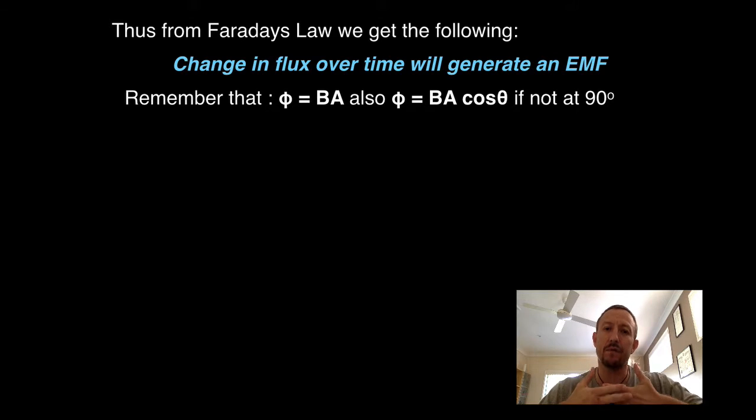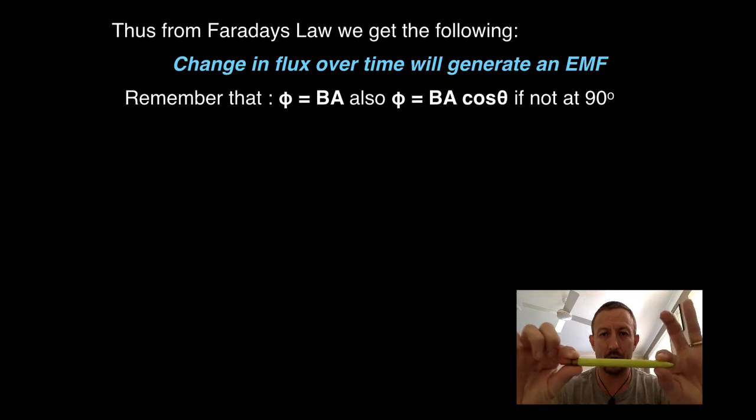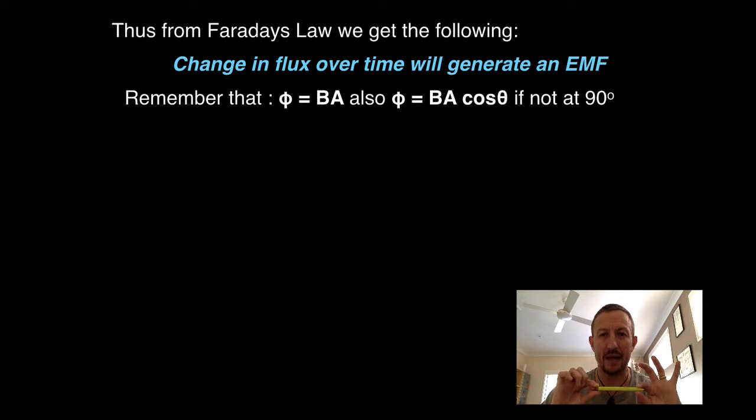So as we move from one field density to another field density within a certain amount of time, basically we've got an EMF. And that makes sense if you think about it, because we're moving, it's the same sort of principle, but instead of talking about just moving our conductor through the magnet, we're actually working on the idea that the magnetic field is not uniform.